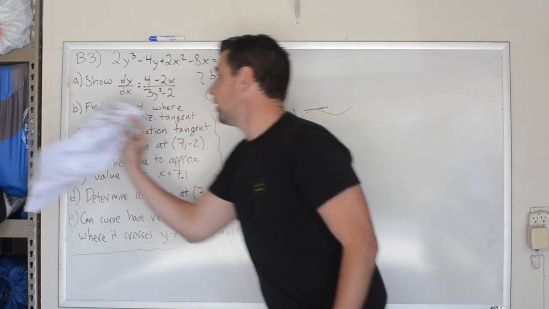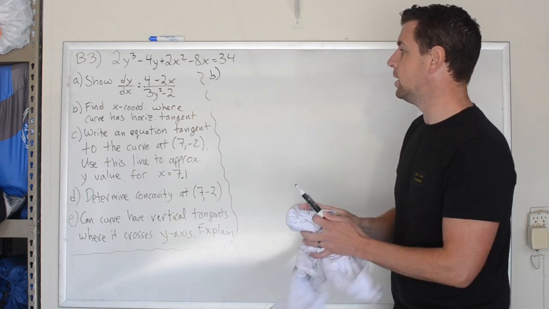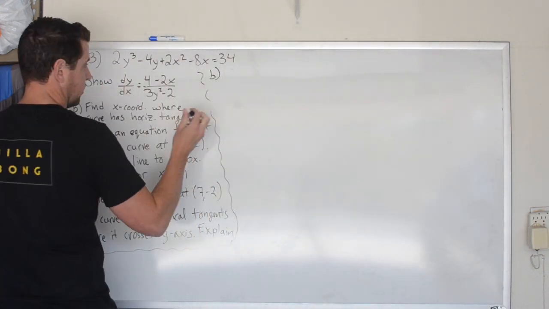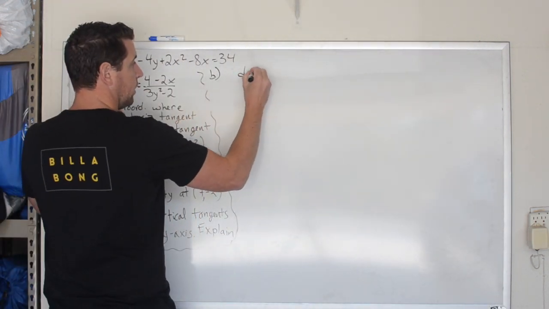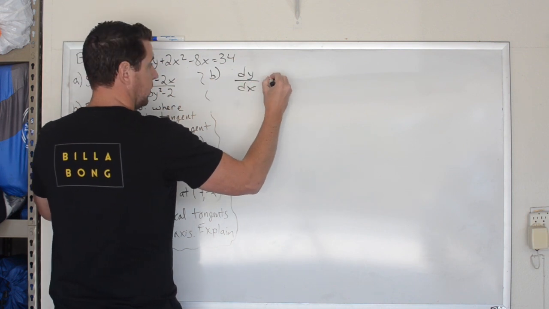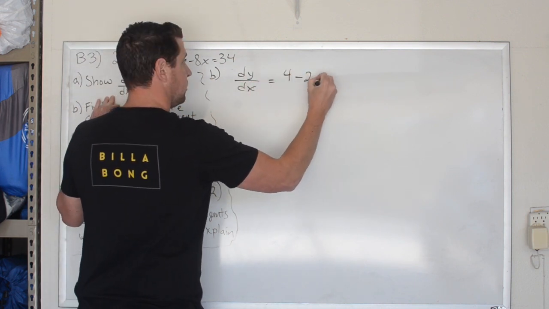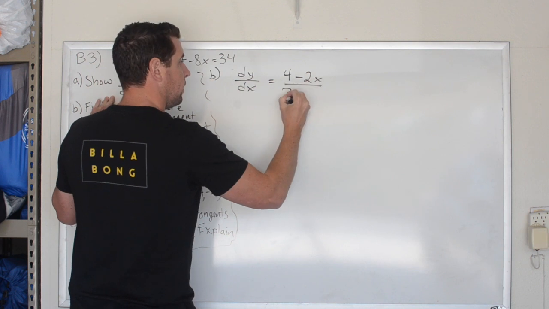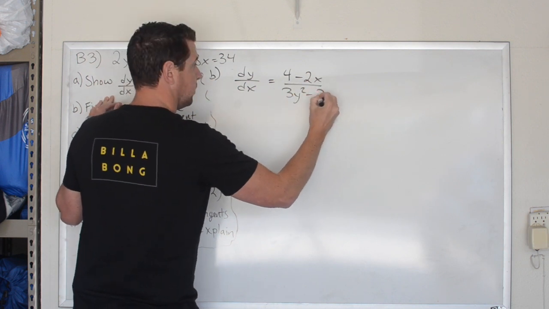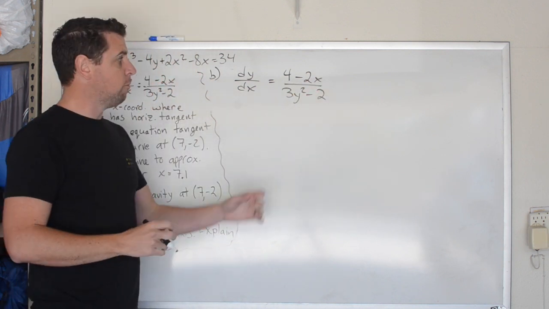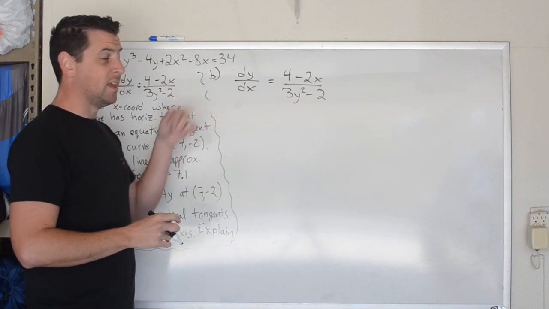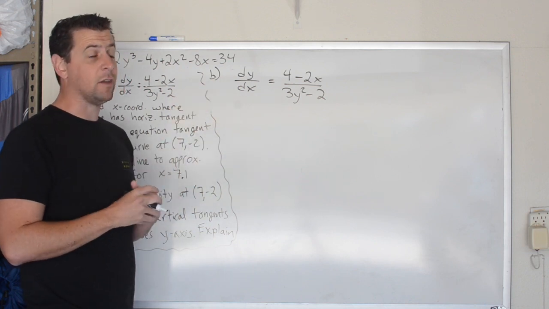So, if I look at the derivative, dy/dx, we found this in part A, but they also gave it to me. dy/dx is equal to (4 minus 2x) divided by (3y squared minus 2). If I want to find when this is equal to 0, I just let dy/dx, that's my slope, equal 0.